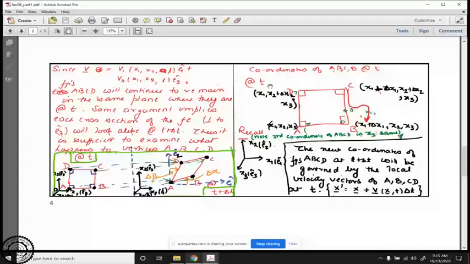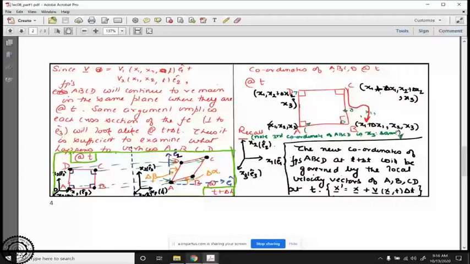Now, the coordinates of A, B, C and D at time t are shown here in black font. A is my base location, so at time t it had coordinates x1, x2, x3. Then B, C, and D have these coordinates. I will let you check that I have written it correctly. AB is delta x1, so the first coordinate of B is x1 plus delta x1.